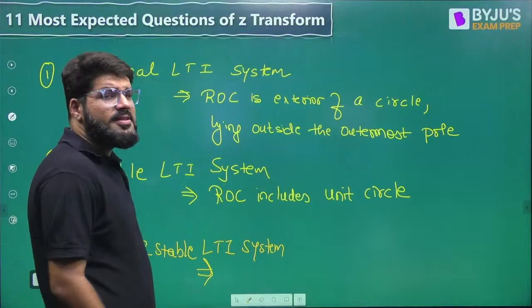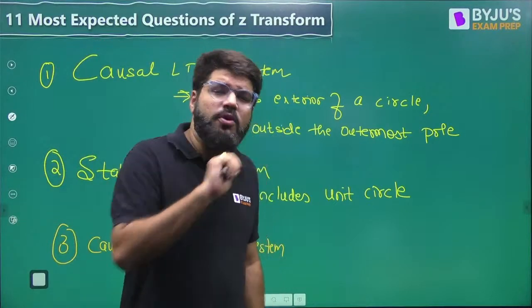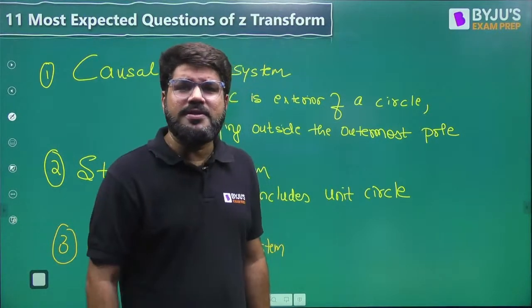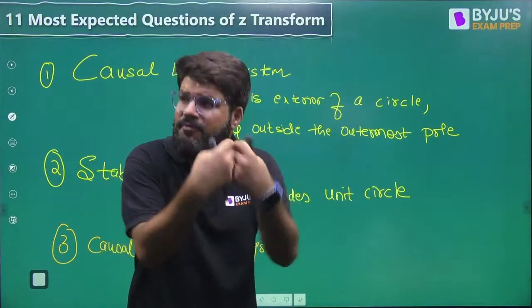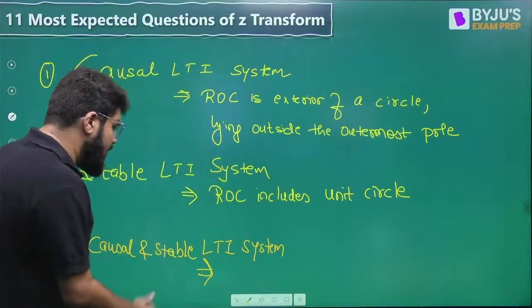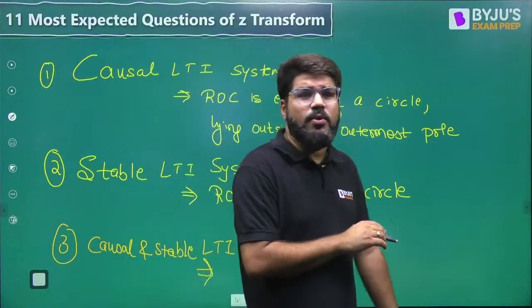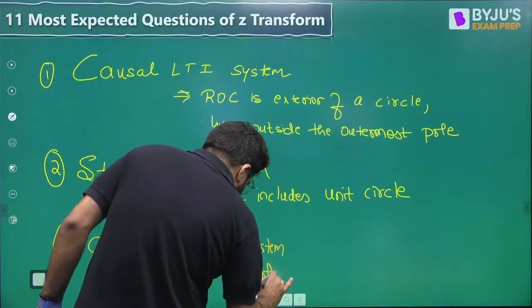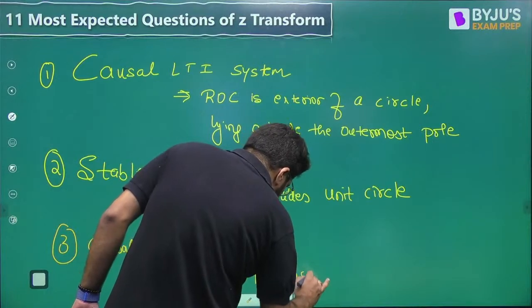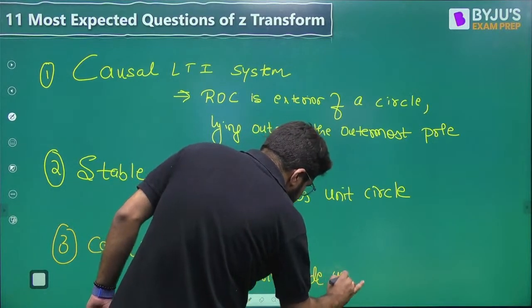If the outermost, meaning the largest, is inside the unit circle, that means every pole is inside the unit circle. So the very important conclusion to remember here is: all poles inside the unit circle.